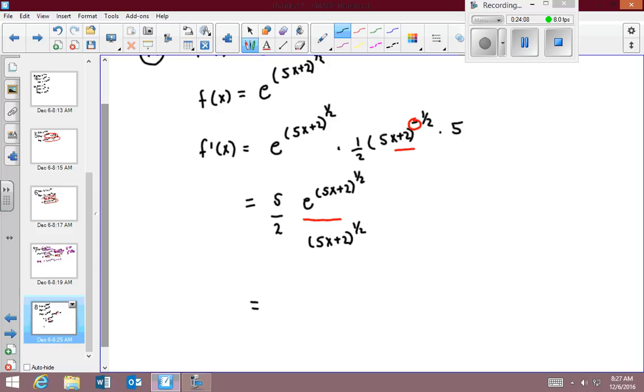Now, if you wrote that as radicals rather than fractional exponents, it would be 5 halves e to the square root of 5x plus 2 over the radical of 5x plus 2.